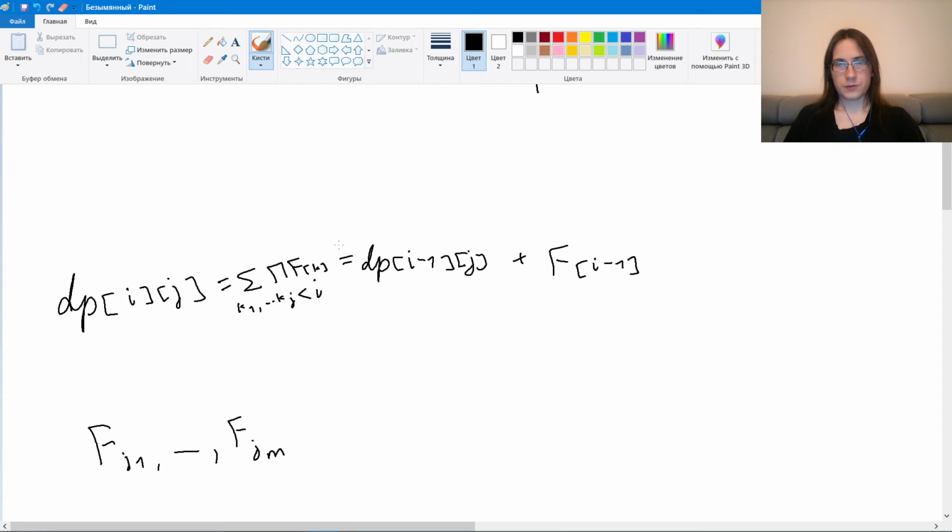And the remaining expression will be just equal to the sum over all subsets of size j-1, if we consider only the first i-1 elements of our list, which is just dp i-1 j-1. Using the formula, we can calculate a single value of dp i j in O(1) using the previous values we calculated. Let's look at the implementation.